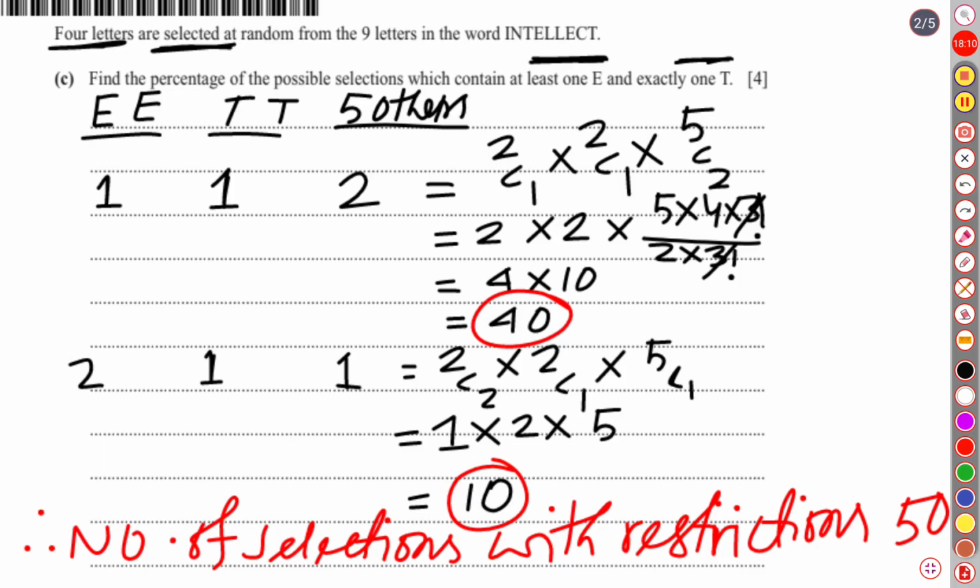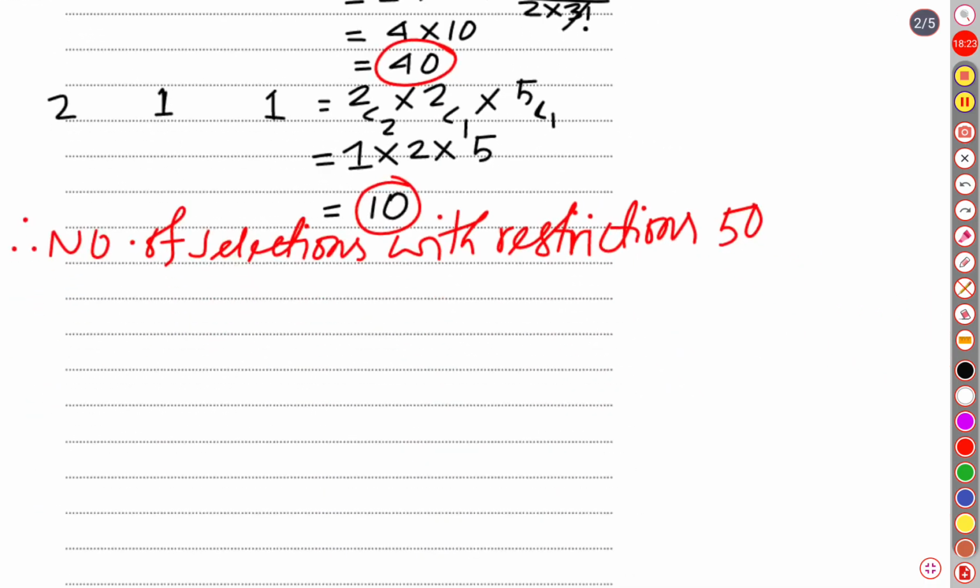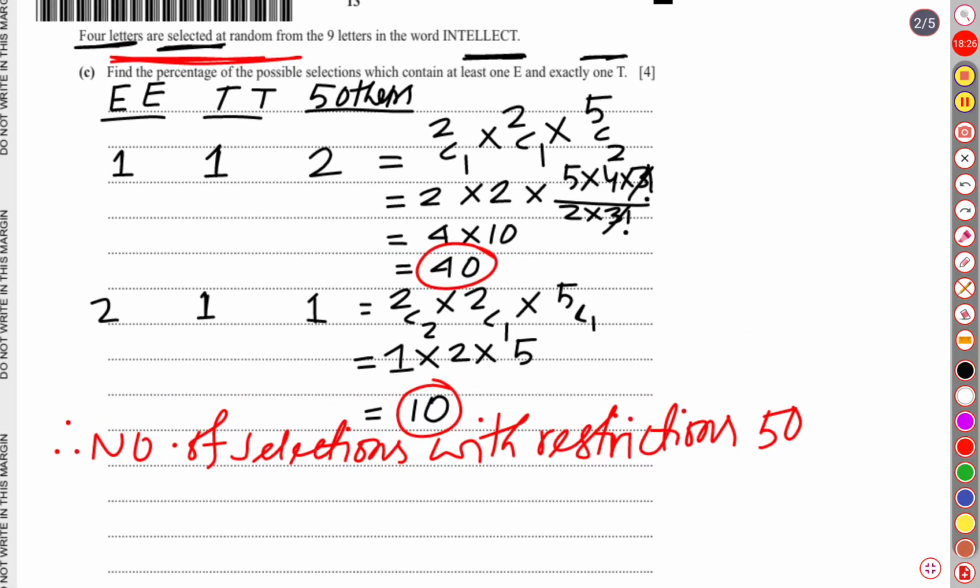We should not get deviated from the question. Look at this. They have told us to find the percentage, not the number of selections. So for percentage, we should know the total number of selections without any restriction.